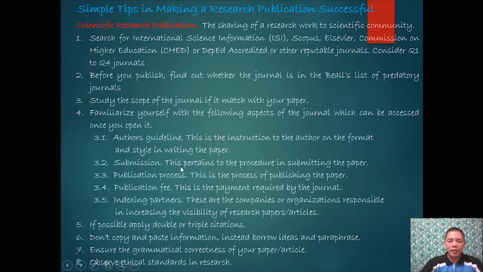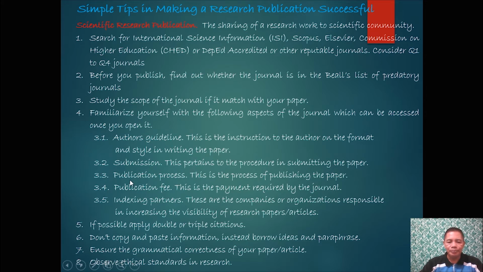Submission. This pertains to the procedure in submitting the paper. This is the instruction of the journal to the researchers on how the writer submits their papers.